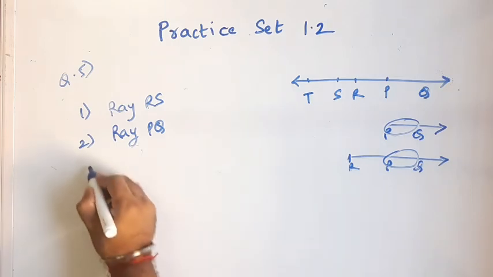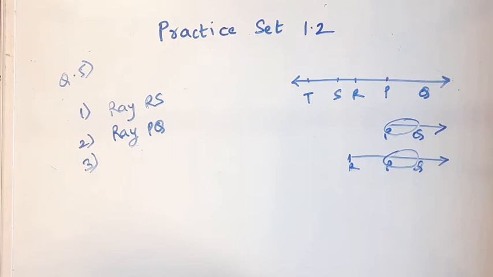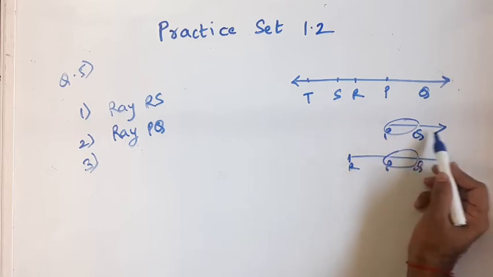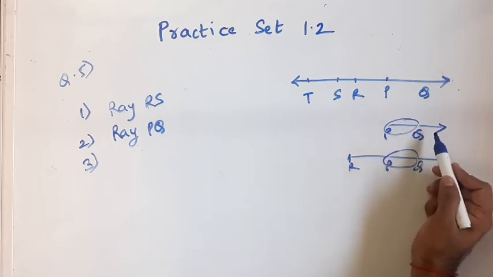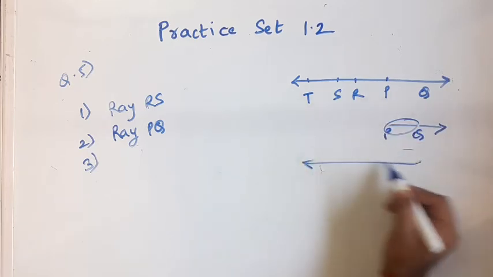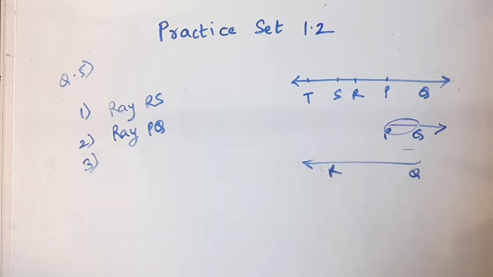Then the third one we'll see. Write the union of ray PQ and ray QR. This is ray PQ, and I'll draw here ray QR. Ray QR is like this.